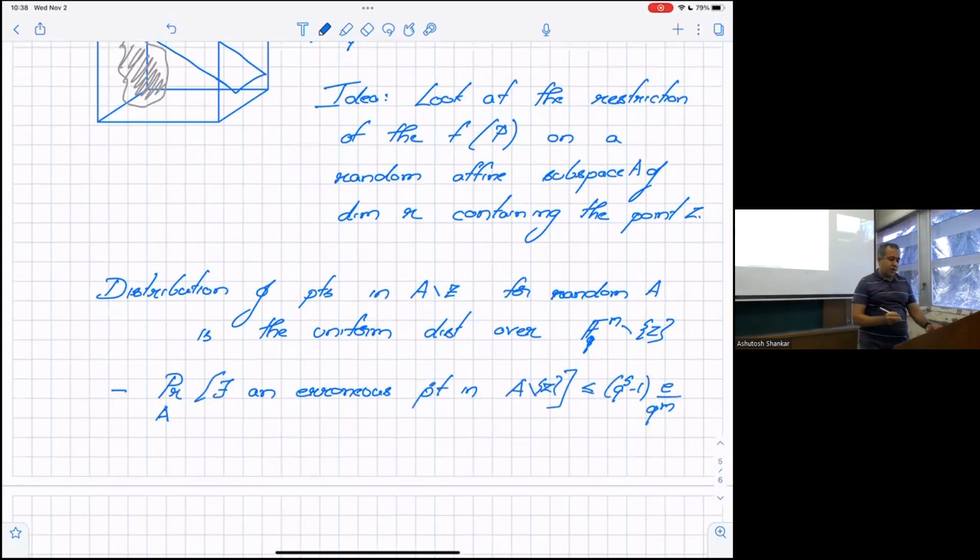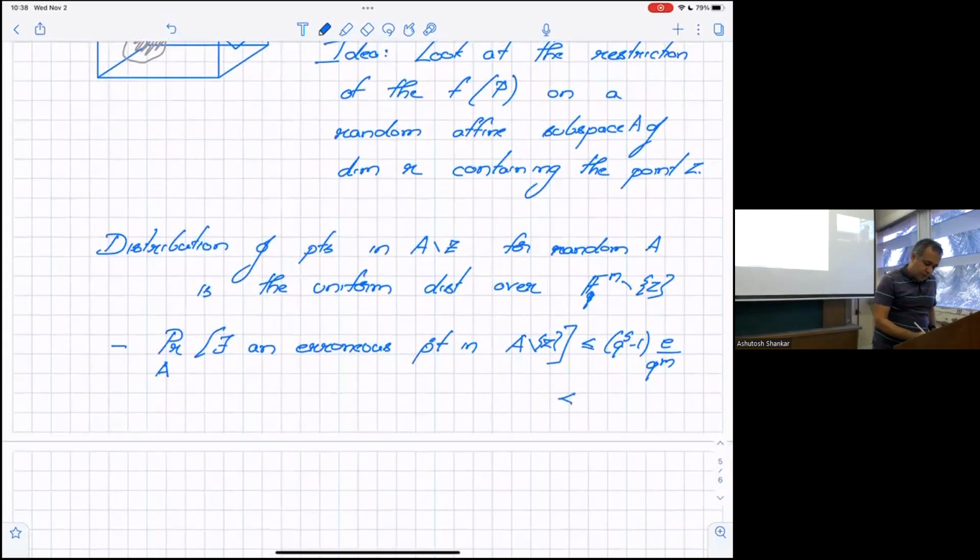So therefore, this is a quantity which is strictly smaller than E by Q^(M minus S).